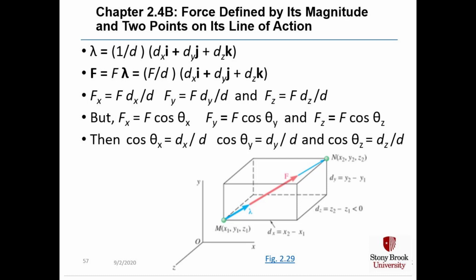But in the prior slides, we defined Fx as equal to F cosine theta x, Fy equal to F cosine theta y, and Fz equal to F cosine theta z. So now we have new definitions for the direction cosines. Cosine theta x is equal to dx over d, cosine theta y is dy over d, and cosine theta z is equal to dz over d.